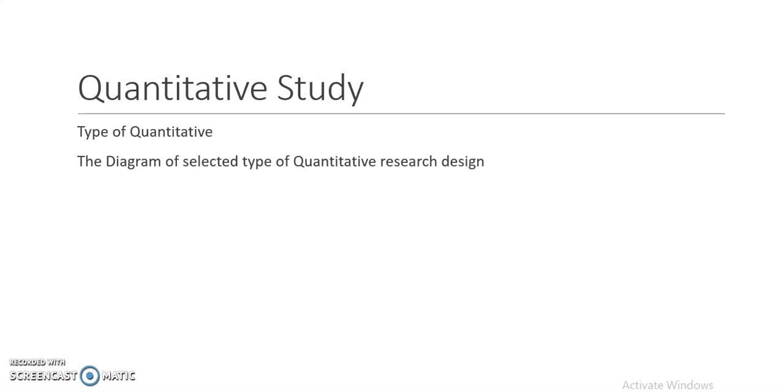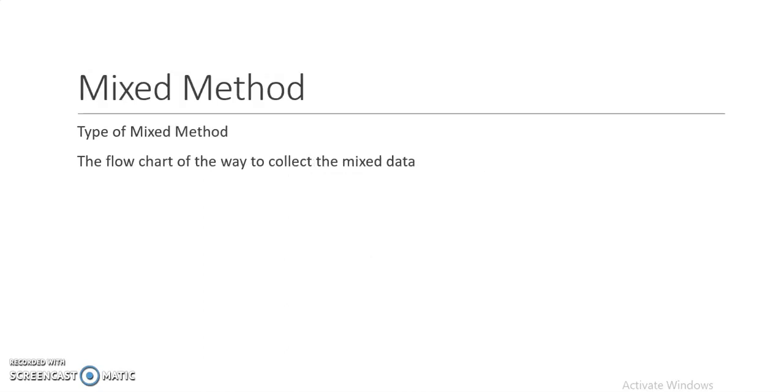It also happens for quantitative study. You have to give the same explanations, like the way you give the explanation if you select the qualitative study. And it is also the same in explaining the mixed method.